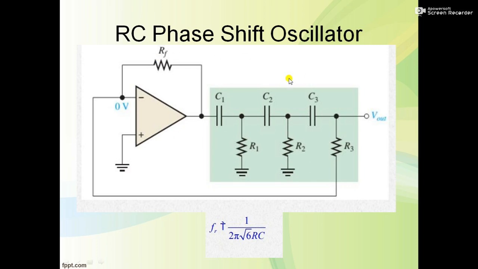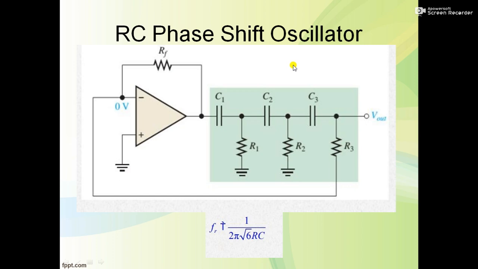How many networks are there in total? 3. 60 degree into 3, total 180 degree. This network also provides the 180 degree phase shift. The first part of the phase shift is 180 degree, the second part is 180 degree. 180 degree plus 180 degree is 360 degree.